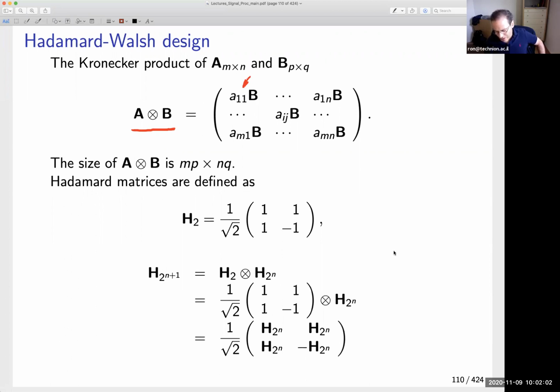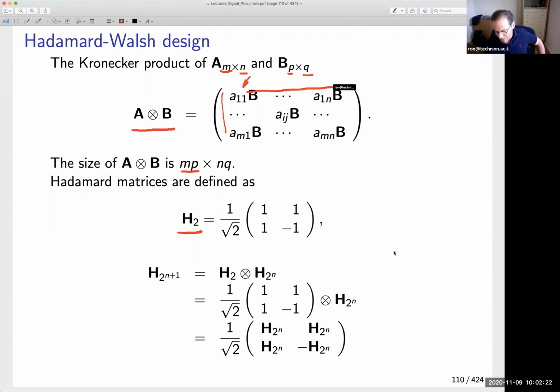Now I define the matrix. Okay, so what would be the size of this matrix? The final size of this matrix would be m times p. I mean, it would be the multiplication of these 2 coefficients along this axis, and it would be n times q along that axis, okay?